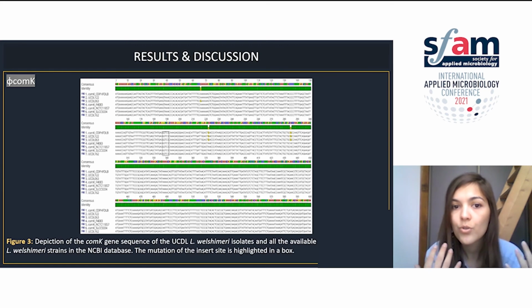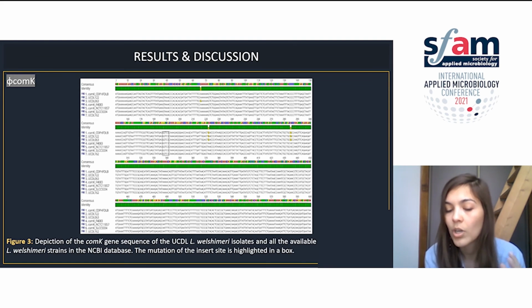In order to investigate if this single nucleotide polymorphism was conserved across other strains of Listeria welshimeri, and to determine if a comK insertion was present in other Listeria welshimeri strains, we examined genomes available in the NCBI database. As you can see from this analysis, all strains harbored the same SNP and none had comK insertions. So, this may indicate that this common Listeria phage insertion is rare or totally absent in Listeria welshimeri strains.